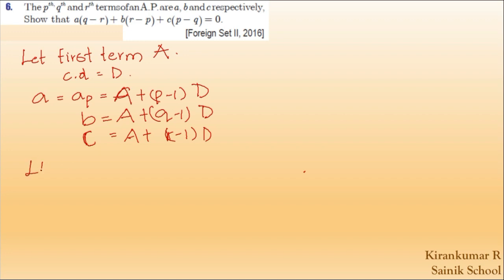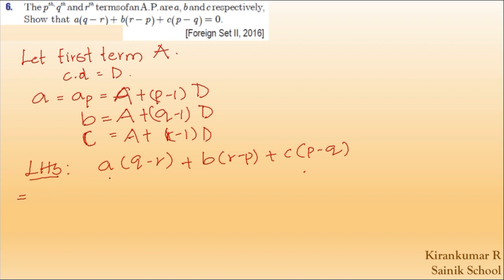Now let me consider the left hand side of what is to be proved: a times (q minus r) plus b times (r minus p) plus c times (p minus q) should be equal to 0, we need to prove.